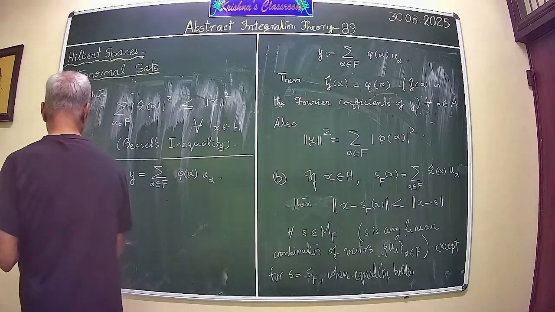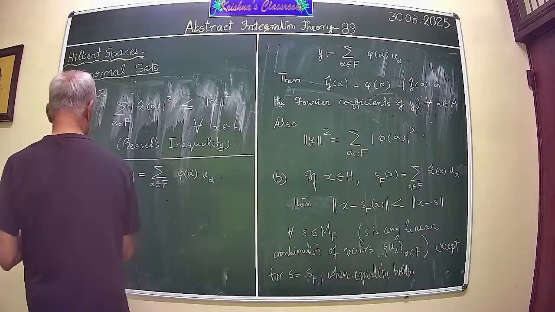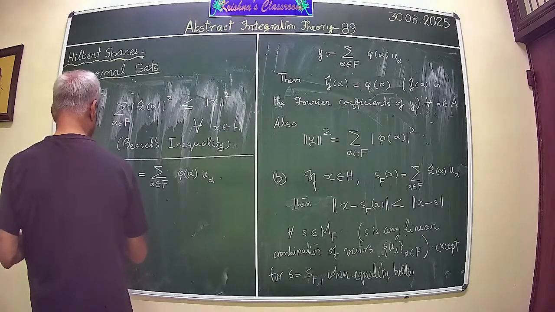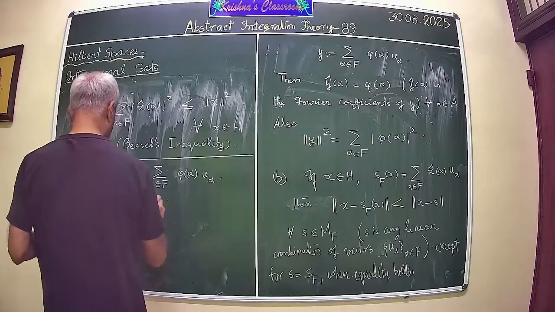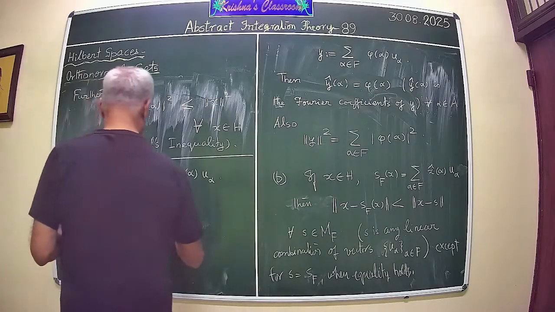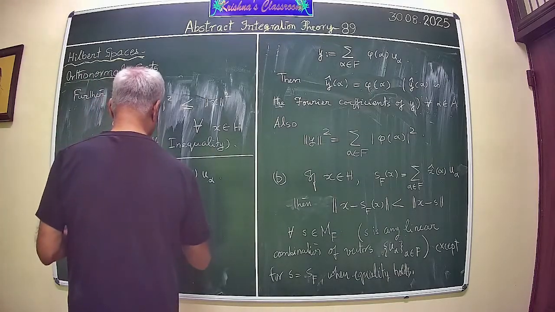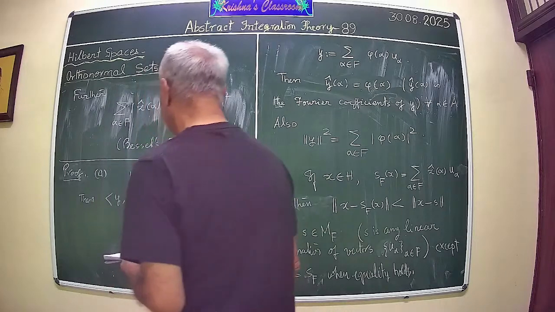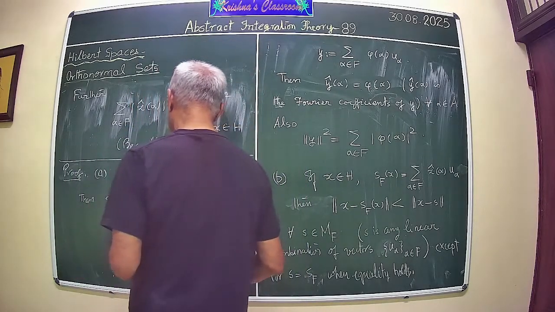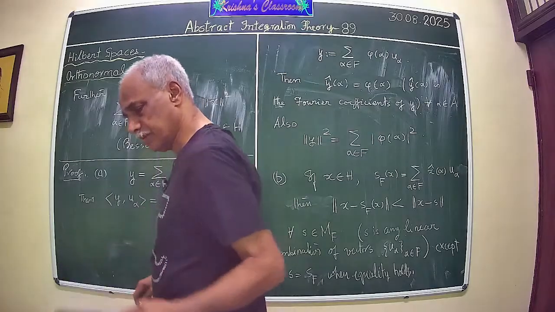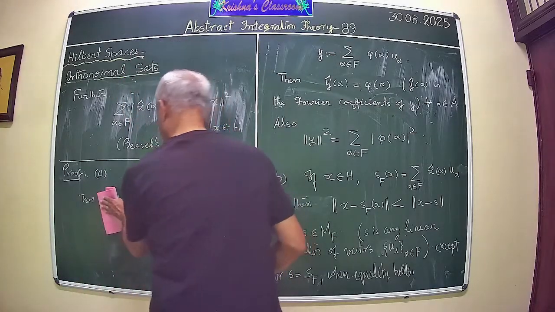Then we have y hat alpha, this is the Fourier coefficients, and I will put it this way, right order.